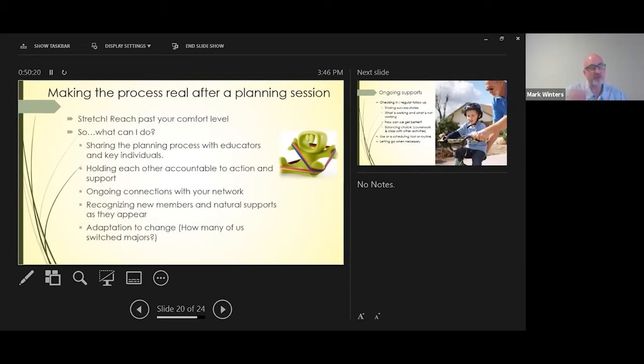And me as the person who has agreed to respond and agreed to support have to keep that mindset that if I don't do this, then I'm holding that person back. And that might mean that I have to stretch past my comfort level and do something that's a little bit uncomfortable. It might mean that I have to have a conversation with someone that I've never met. It might mean that I have to ask somebody at a school or in a dorm.